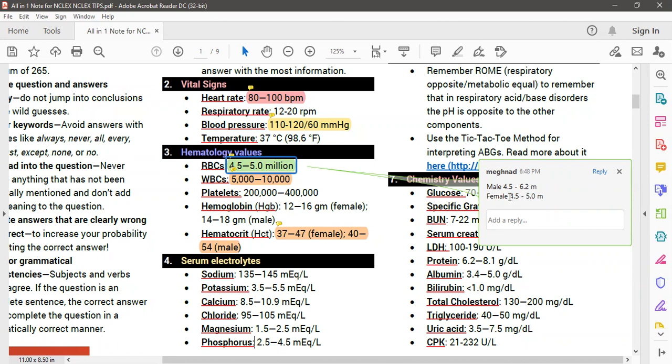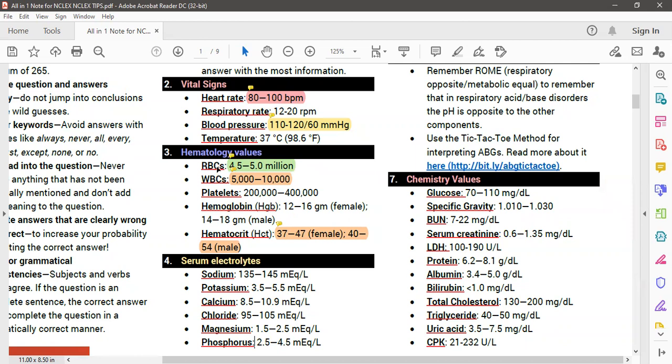The female red blood cell count is less because of their body structure and blood loss, like because of menstruation. And if the red blood cells go down, hemoglobin goes down as well, and the patient develops anemia.